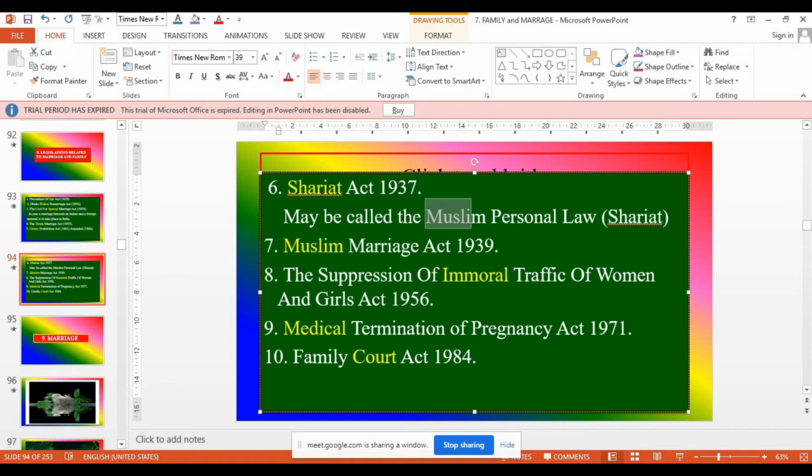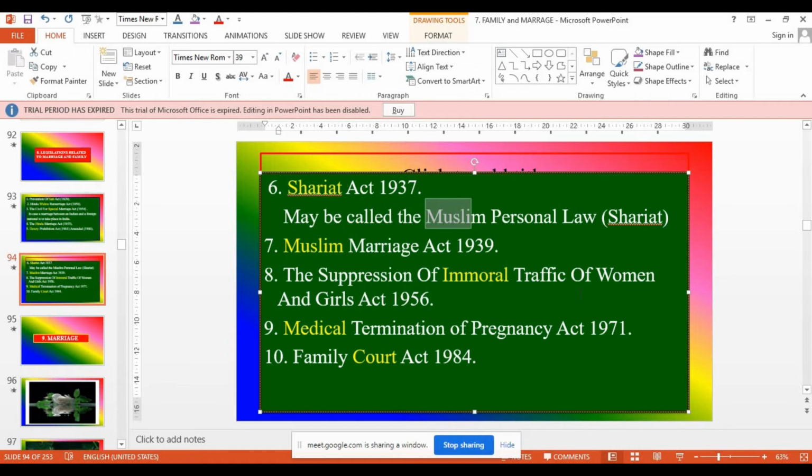Eighth one, Suppression of Immoral Traffic of Women and Girls Act 1956. What do you mean by immoral trafficking?